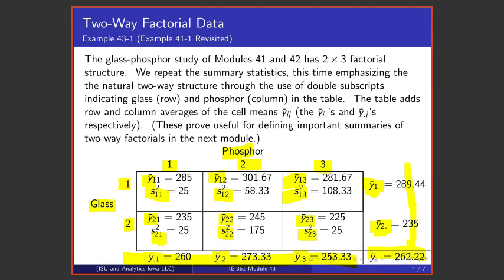We're going to calculate them as unweighted averages. So regardless of what the various sample sizes are in these cells, y bar 1 dot is the first cell average plus this average plus that average divided by 3. Y bar dot 1 is going to be cell average in this cell plus cell average in that cell over 2.